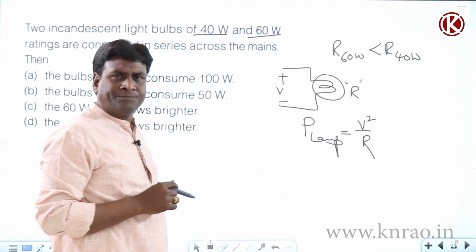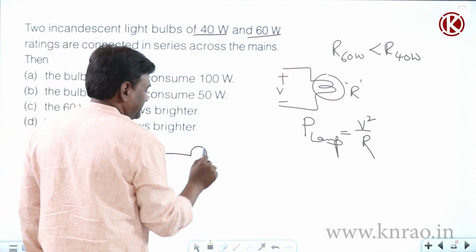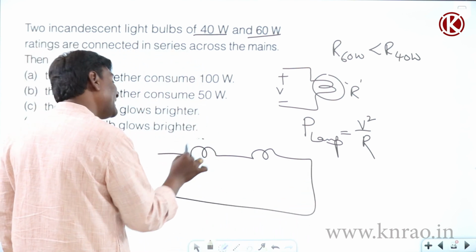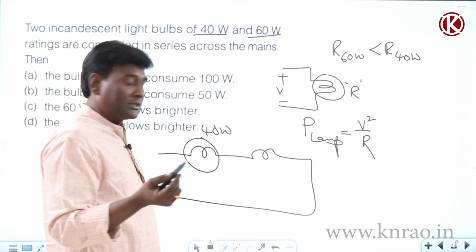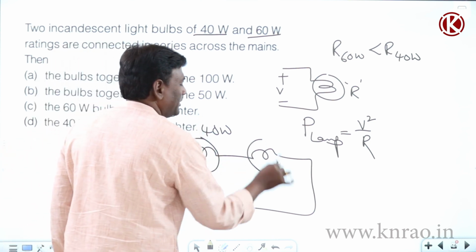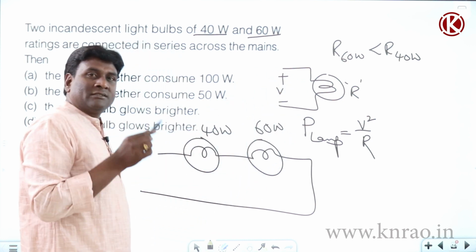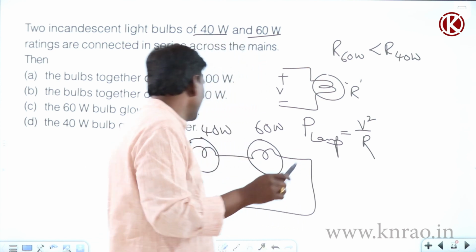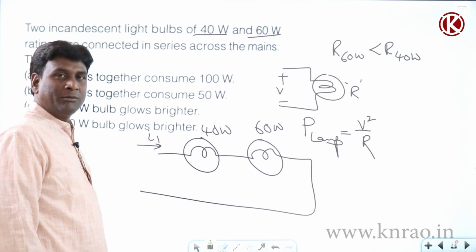Now if they are connected in series, previously each was rated at its own wattage across the rated voltage, but once connected in series, the current will be the same.